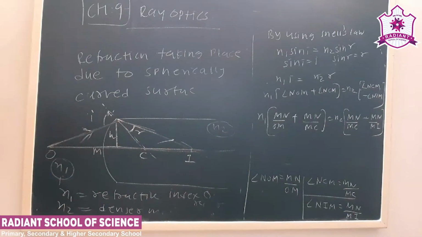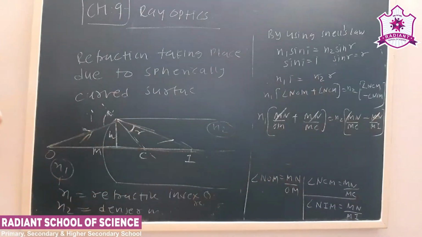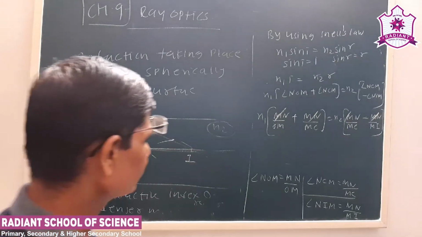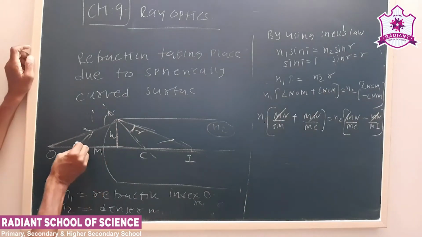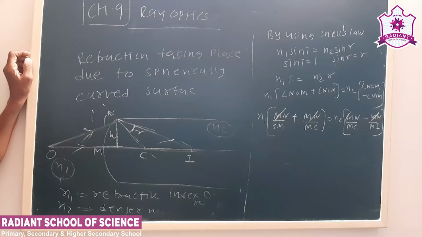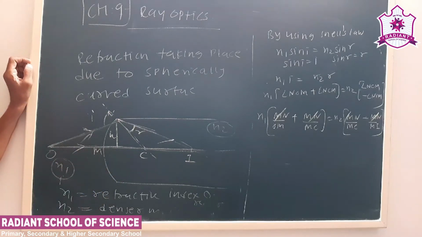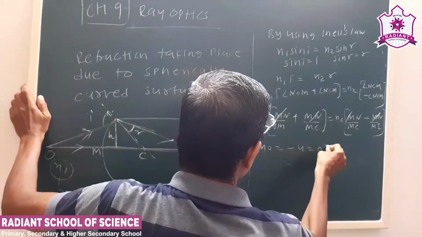Now we can see MN is in the numerator of all four terms, so we can cancel it. Now the value of MO: this is our incident ray. Distances in the direction of the incident ray are considered positive, and in the opposite direction we have to consider negative. So here MO is minus u, that is our object distance.